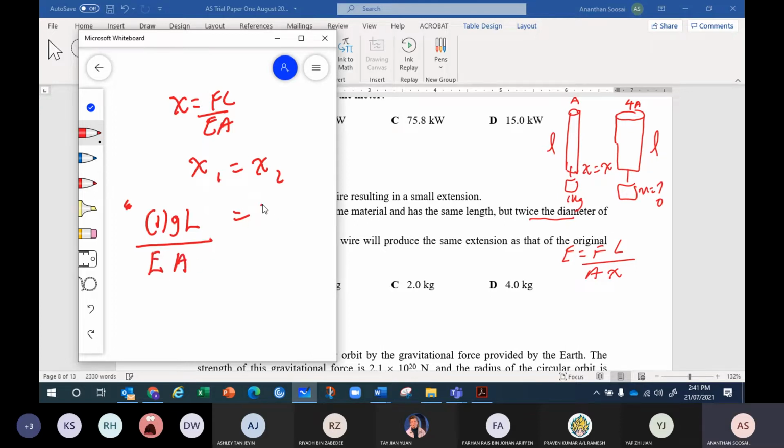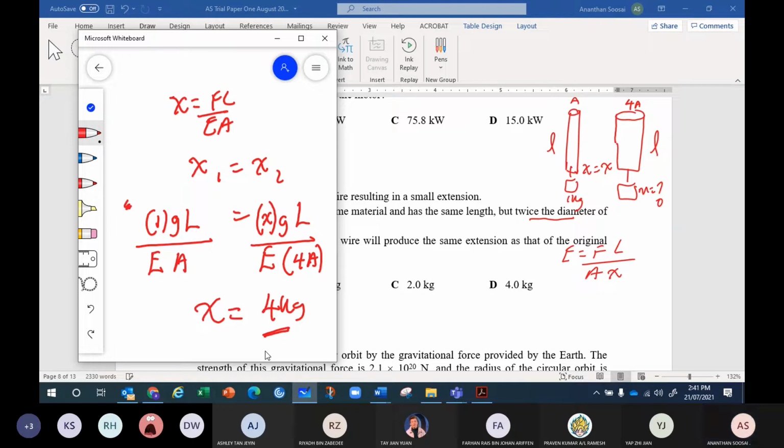Okay, for the second wire, the mass we don't know, I put as X, g is g, L is L, same E because same Young modulus, both made of same material. Only the area is 4A, right? Okay, so X must be how much? 4 kilogram, right?